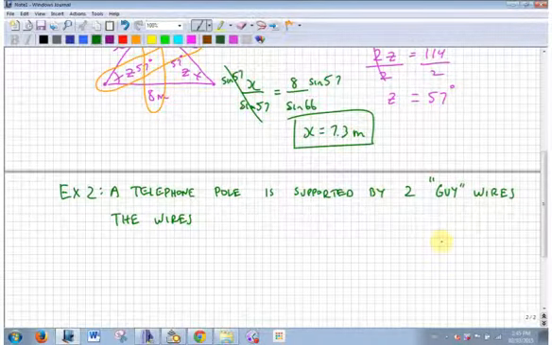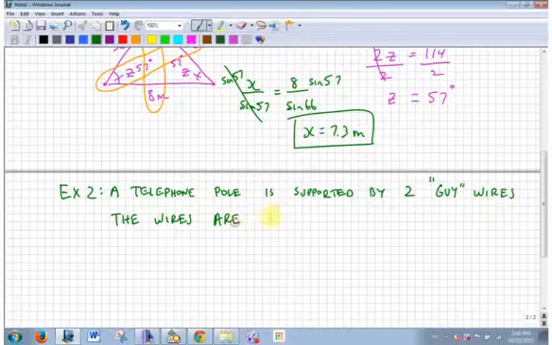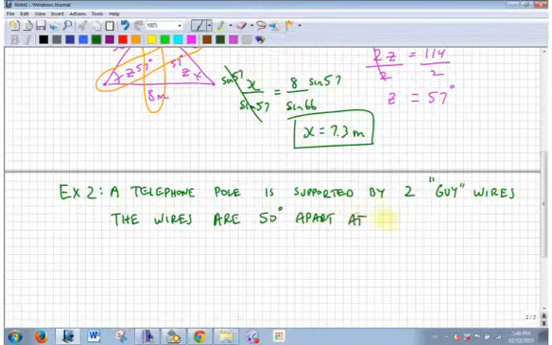Okay? Does that one have any? No. But lots of times telephone poles will have some supporting wires in the ground. Okay? Two guy wires. Anyway, the wires are 50 degrees apart at the top, just like our last question. This one will be a bit different though.